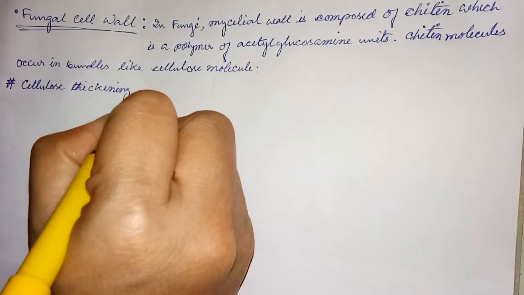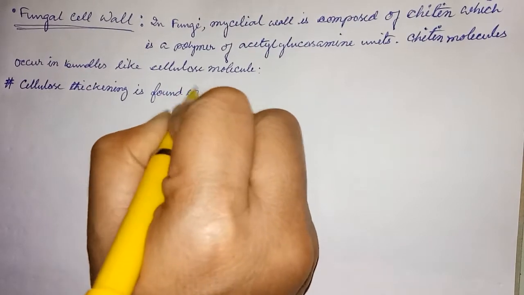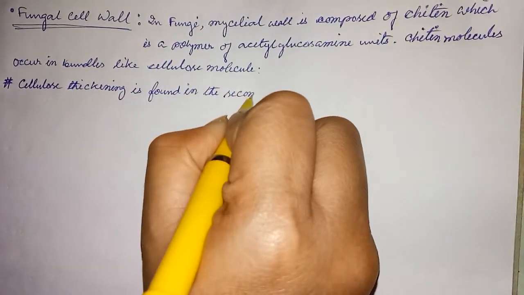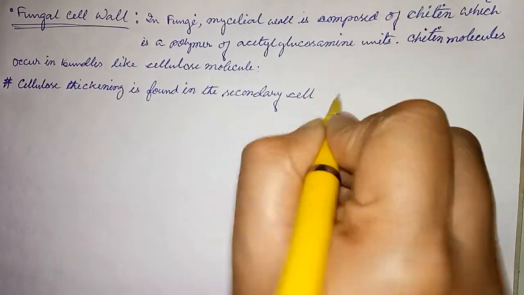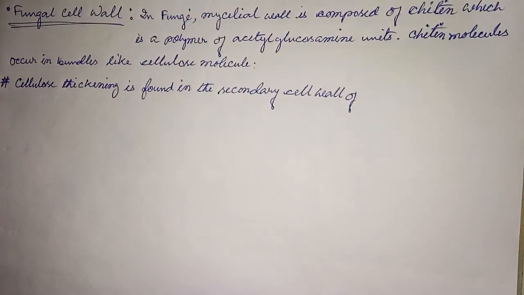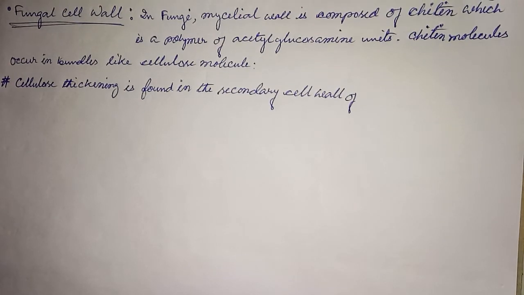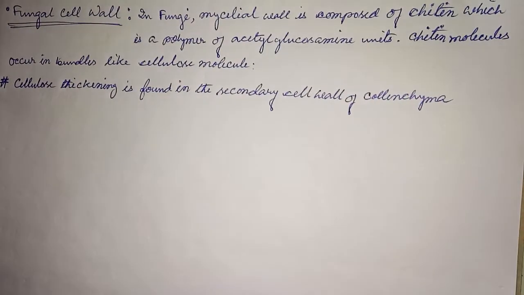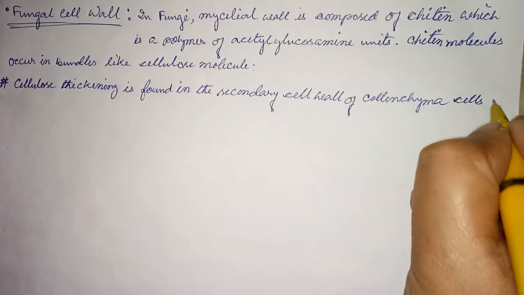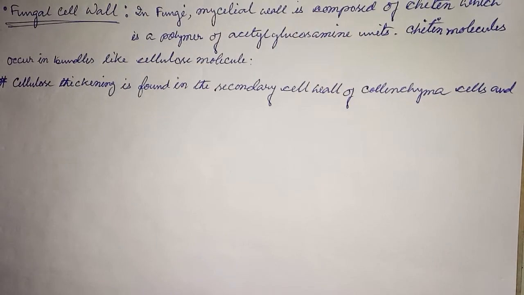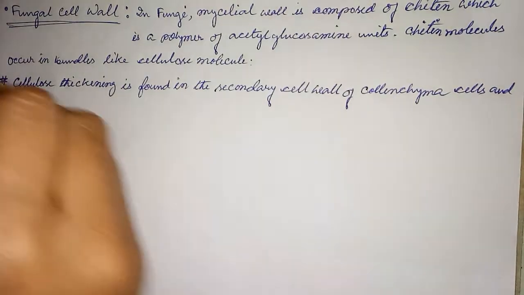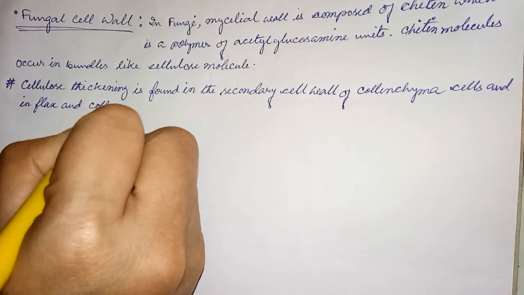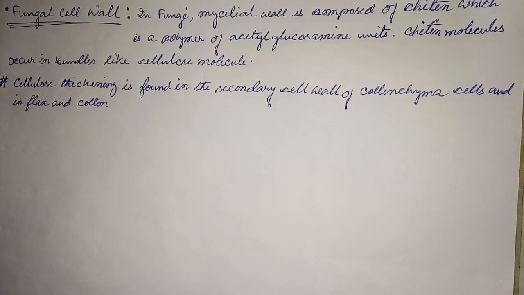It is found in the secondary cell wall of parenchyma cells and in flax and cotton fibers.